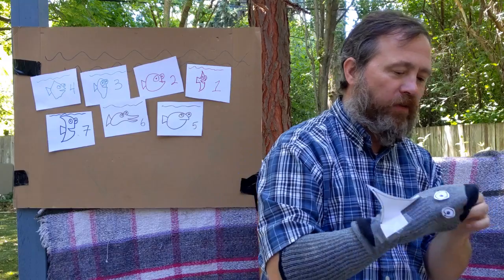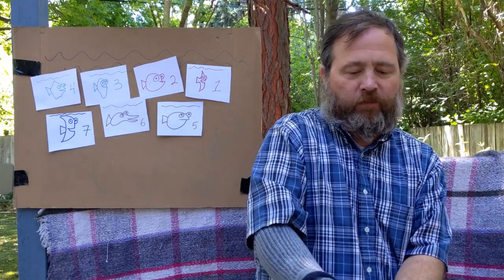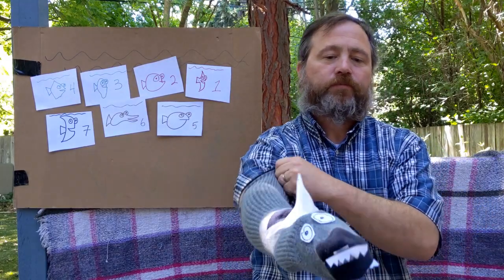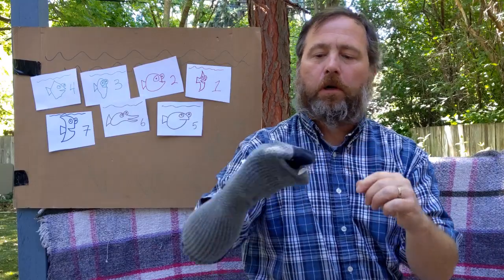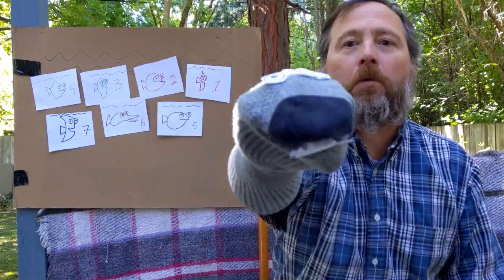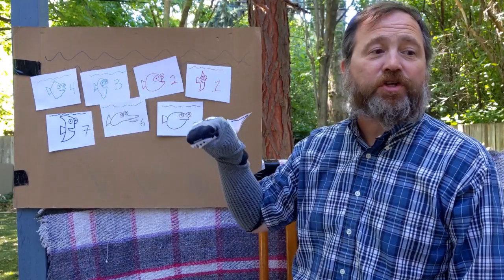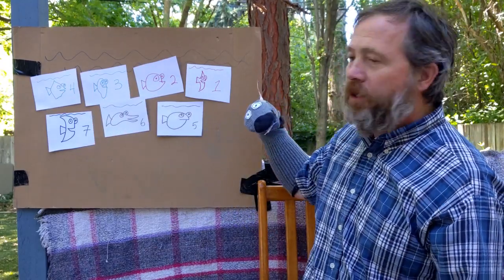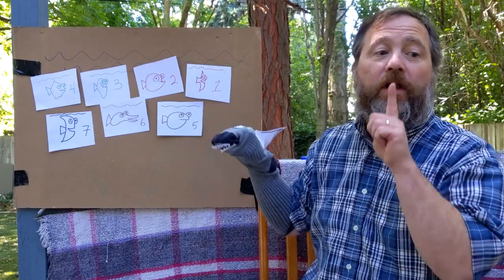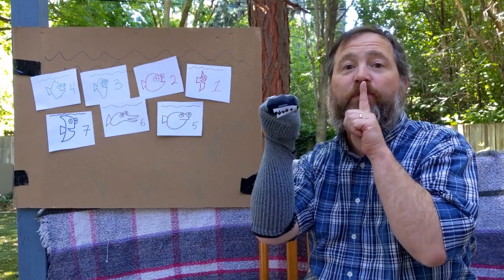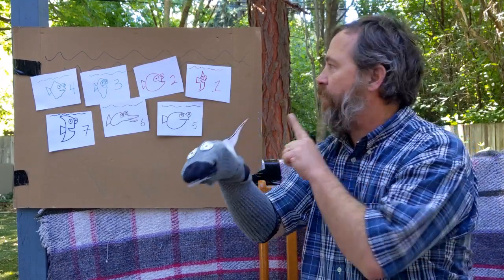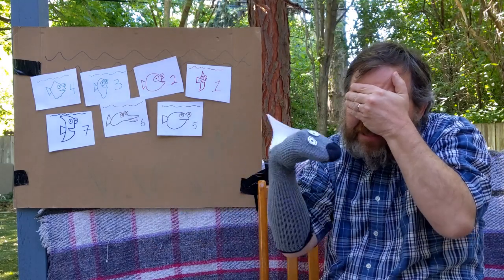Oh no, the big shark. Oh, let's put on. Here's the shark. Rah, rah, rah. He says, 7 fish follow the leader into the dark and hush. Be very quiet. Because we're going to hide from the shark. Go, hide.